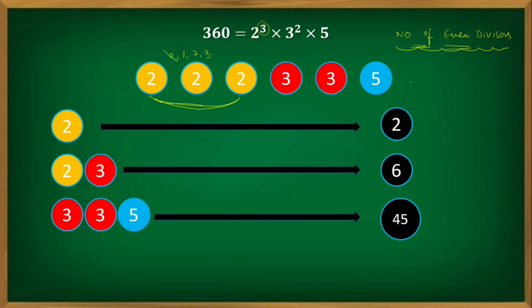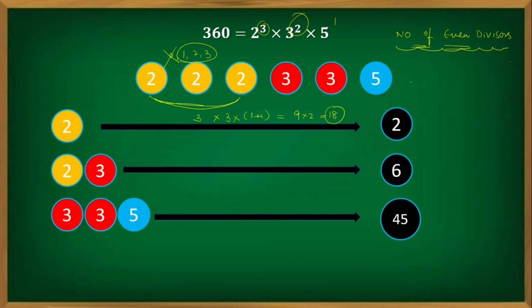Now we are not going to take this one, so there are only 3 ways for 2. And for 3 obviously 3 ways again, because of 2 plus 1, and for 5 we have 1 plus 1, so 3 into 3 is 9, into 2, which is 18. So totally we have 18 even divisors. Okay, we got the number of even divisors, right?